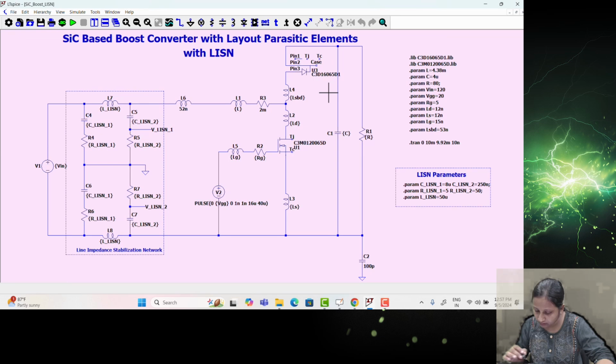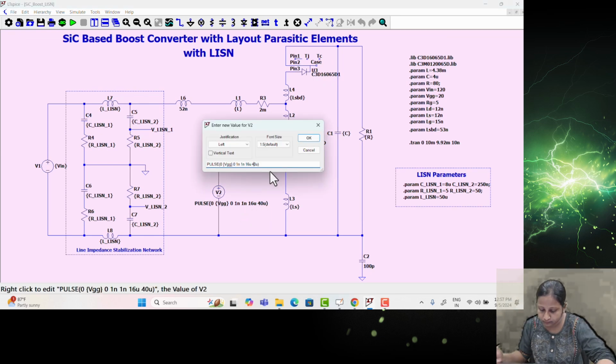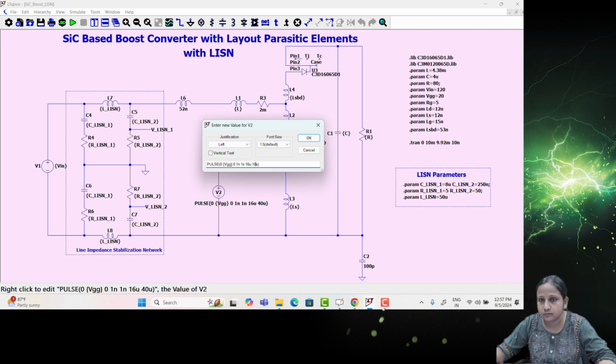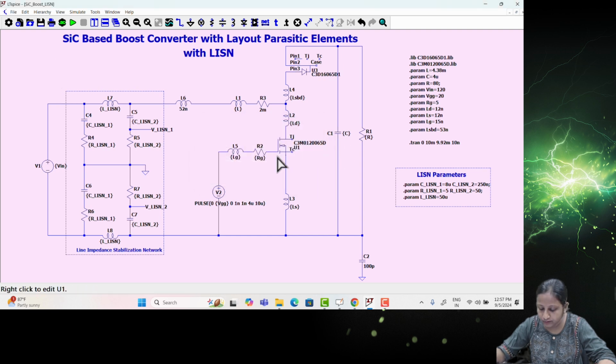If we increase the switching frequency to 100 kilohertz, then this way you can change it.